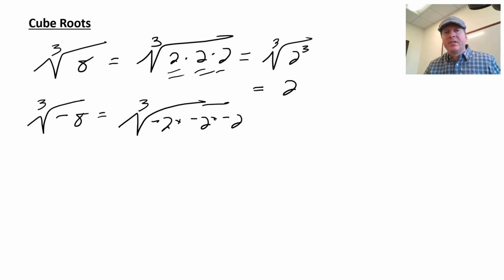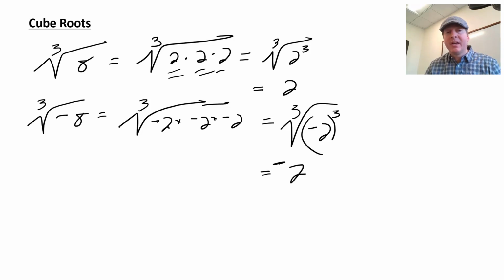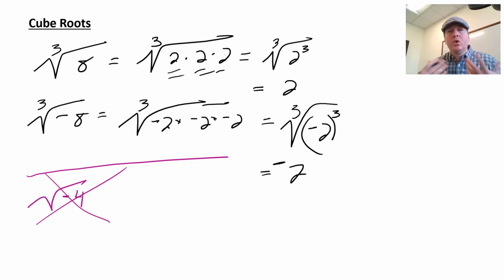So -2 times itself 3 times. That's the same thing as the cubed root of -2 cubed. And here again, the cubing and the cubed root cancel each other, so it'll be -2. Now, a point on roots: you can have the cubed root of a negative number. You cannot have the square root of a negative number. So the square root of -4 does not exist, it's not defined. There's no number that you can multiply by itself twice to get a negative number. So there's no such thing as the square root of a negative number.